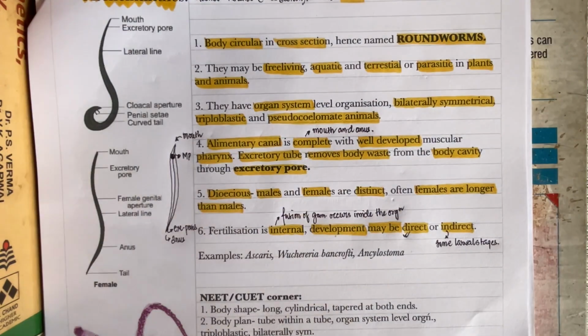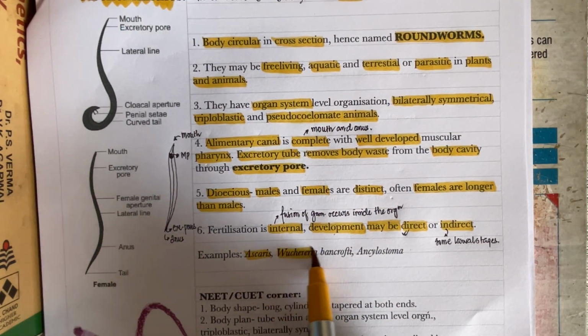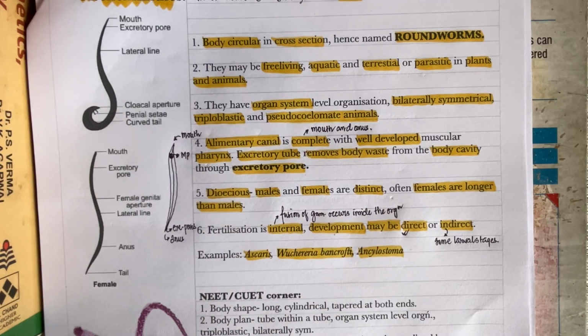Classical examples are Ascaris lumbricoides, Wuchereria bancrofti, and Ancylostoma.